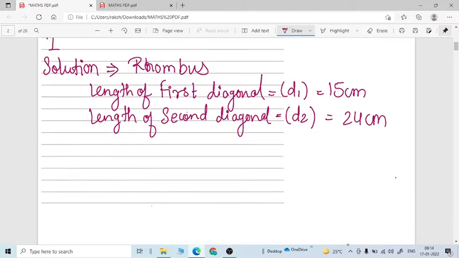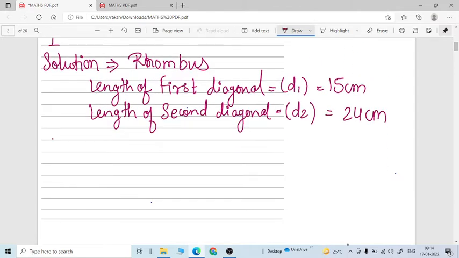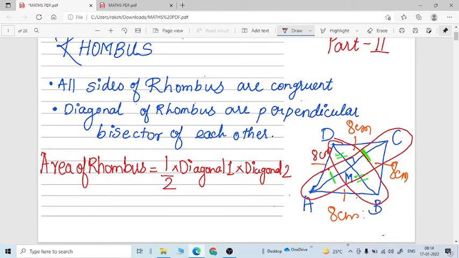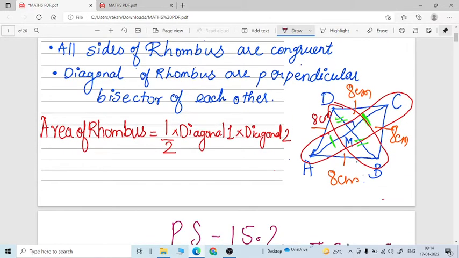As we all know the formula, area of rhombus is equal to half into diagonal 1 into diagonal 2. Otherwise we write product of diagonals. Do not get confused, because the question may say product of diagonals or d1 into d2.